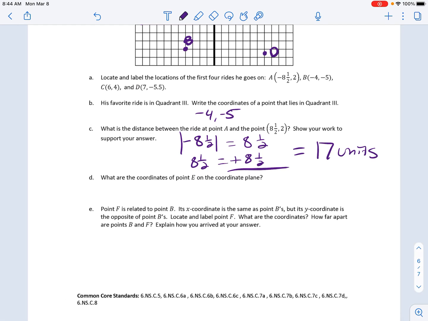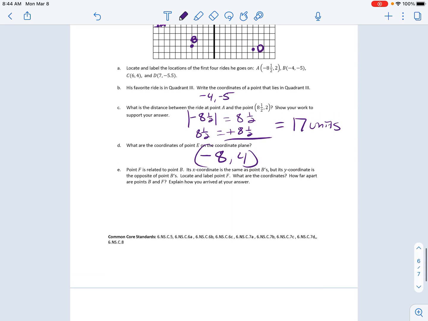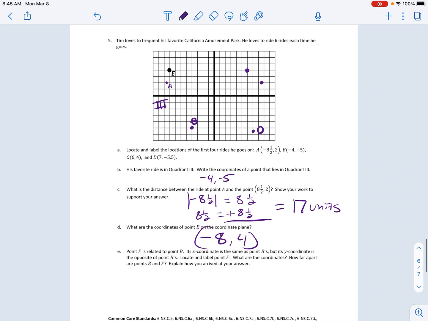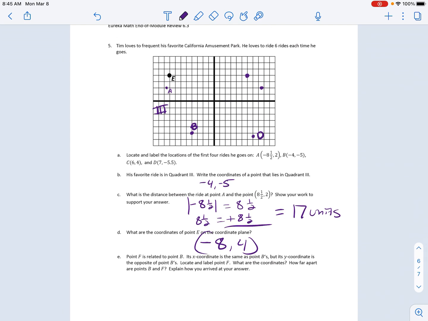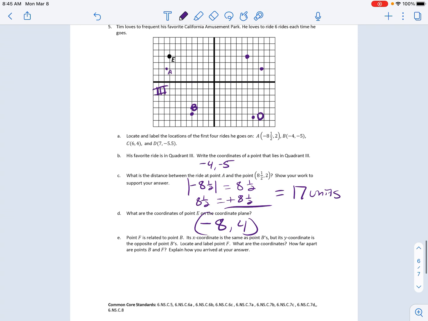And letter D, what are the coordinates of point E on the coordinate plane? That is at -8 and 4. And letter E says point F is related to point B. Its x-coordinate is the same as point B's, but its y-coordinate is the opposite of point B's.